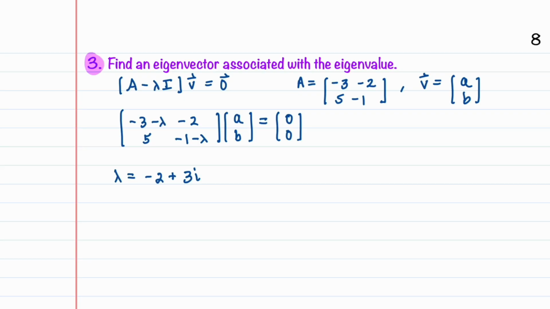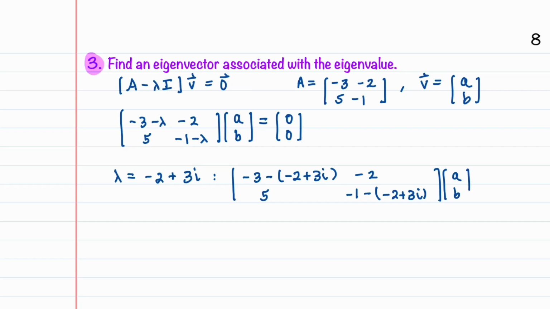I think it's just easier to work with the positive imaginary part. Let's now plug this in. We have -3 minus λ, so this is -3 - (-2 + 3i), and then we have -2, we have 5, and then -1 - (-2 + 3i). And this is going to multiply [a, b], and it's going to be equal to [0, 0].